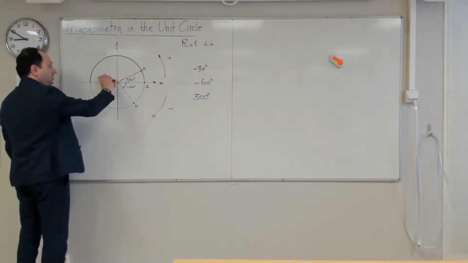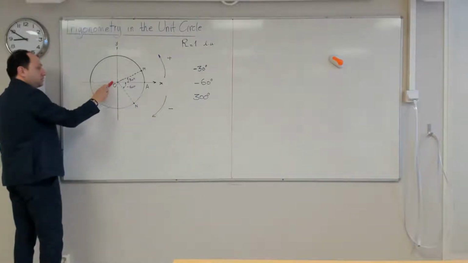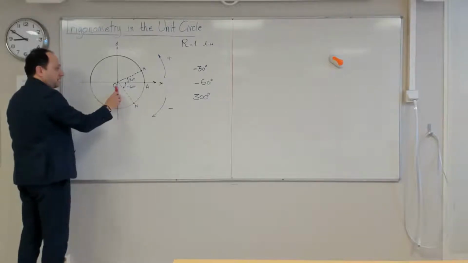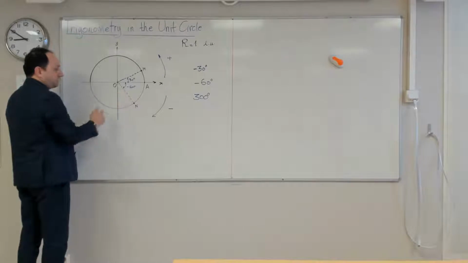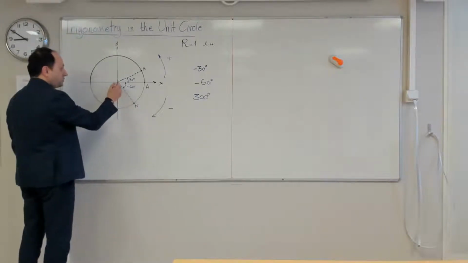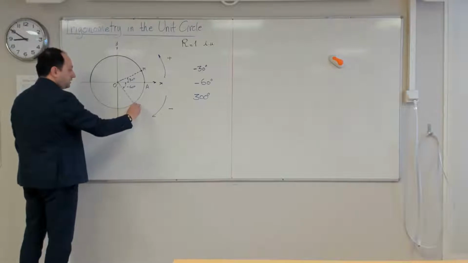If I continue rotating up to here, it is 180 degrees. If I continue a little bit more, it becomes 270 degrees. And I need to go 30 degrees more. I hope that you agree with me. This is 30 degrees. So it means that you will end up at the same point. Let me just draw something here, exactly on top of this blue dotted line. And then let me call it P.